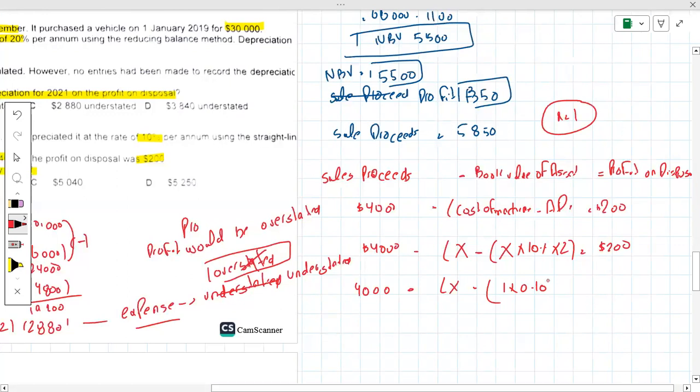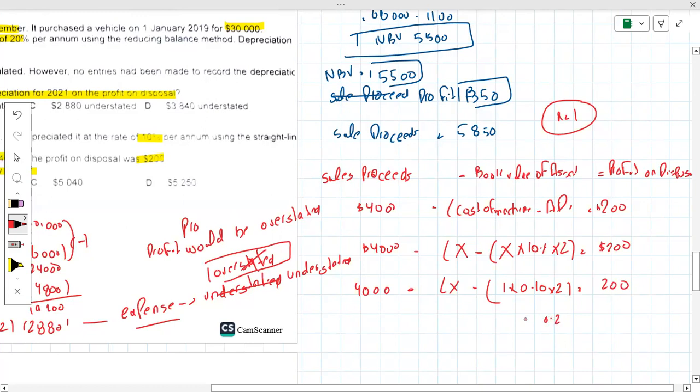So 0.1 multiplied by 2. So first of all, we have to multiply 0.10 with the 2. So we have 0.2.